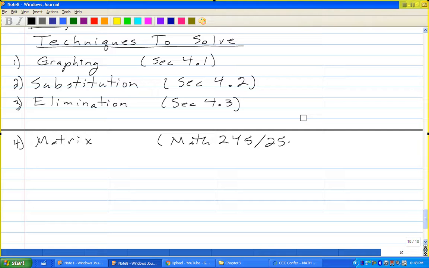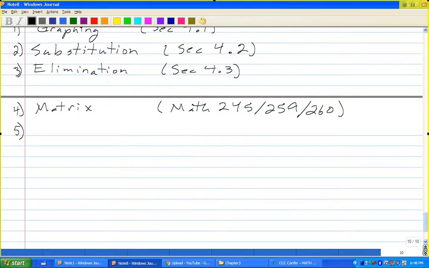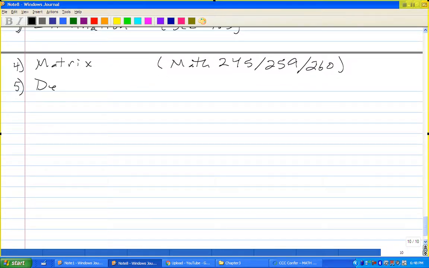So those methods will not be covered in this particular course. Next, solving by determinants, and that's going to be in section 12.3. Oh, so it's chapter 12. So in chapter 12, we'll go over these techniques again, but in the case of 3 or more variables, 3 or more equations.